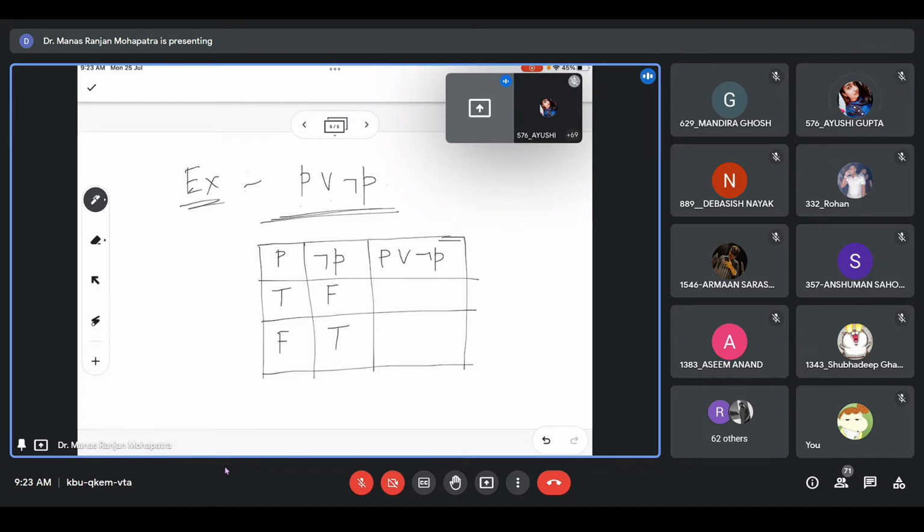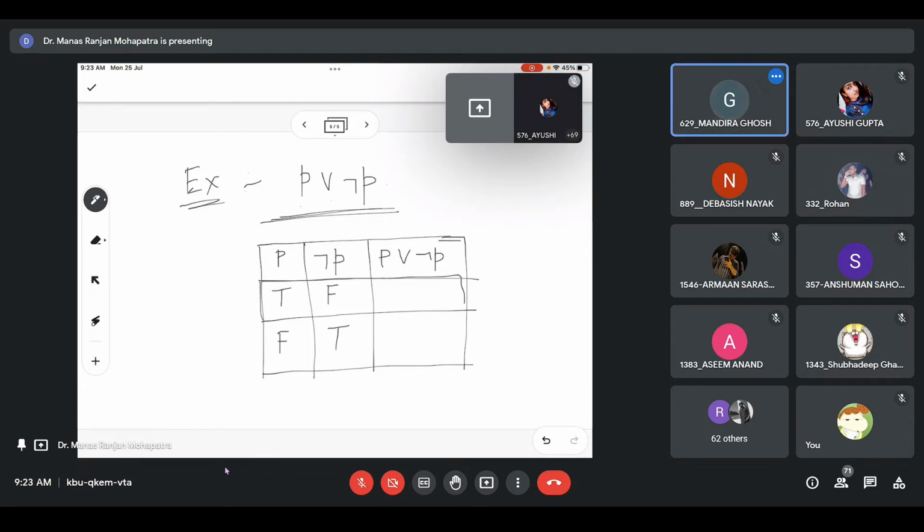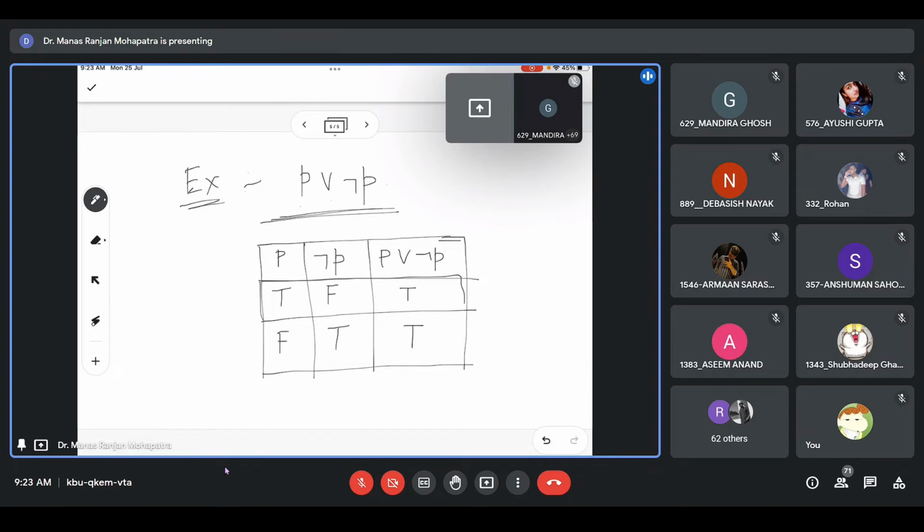Well, how about the disjunction P or negation of P? What will be the truth value of this one? True and true. Because the disjunction is false only when both the statements are false. Otherwise, it is true. Now look at the values of the last column.